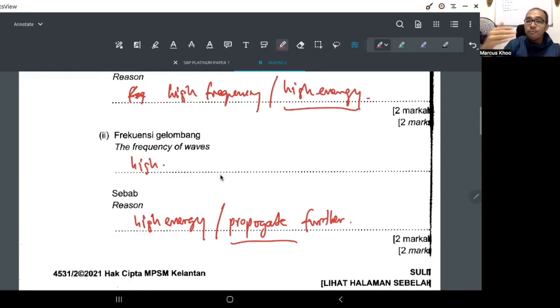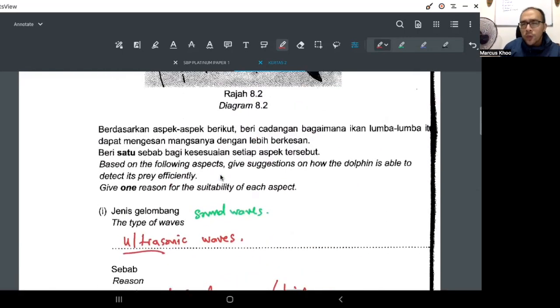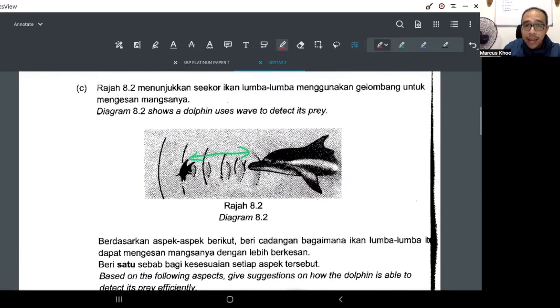So we don't say the wave move, walk or travel. Better to say the wave propagates further. That's why dolphins and bats use high frequency waves like ultrasonic. And that is a very important distinction.